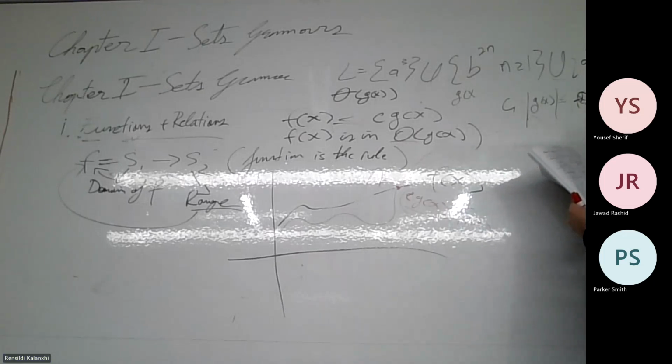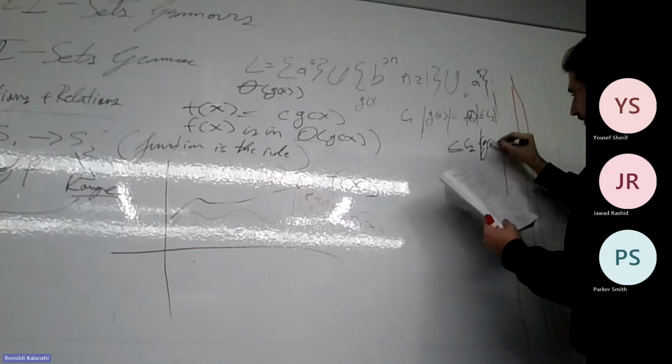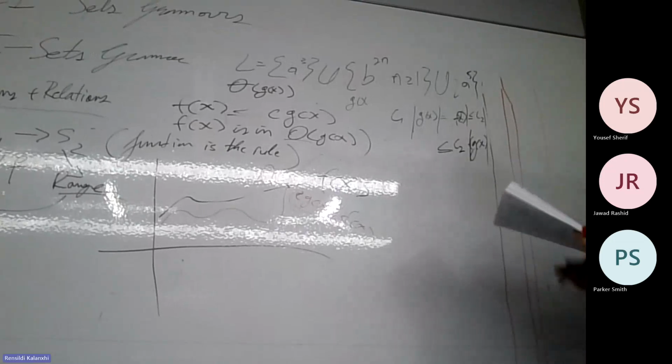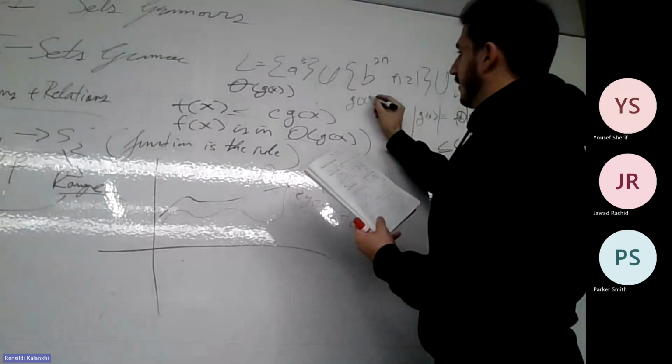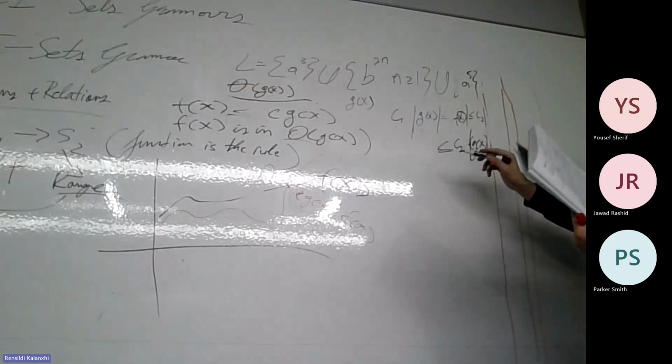Can you guys see? But with a second constant times g of x, this is what theta of g of x is.